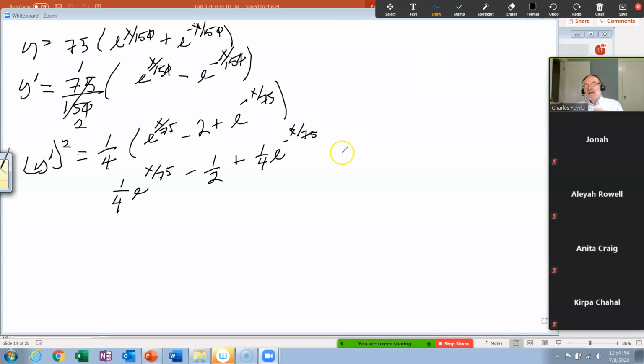Now, we're going to add 1 to this. So adding 1 to that basically is going to go from minus 1/2 to plus 1/2. There I added the 1. And then we're going to take a square root of this.